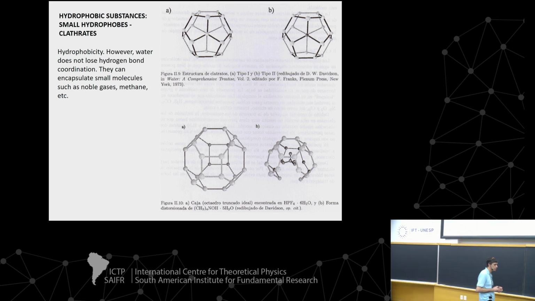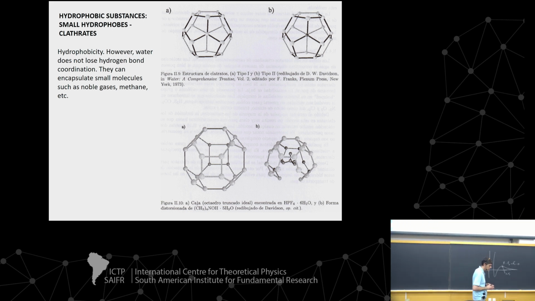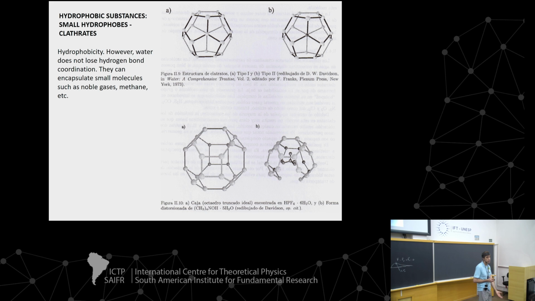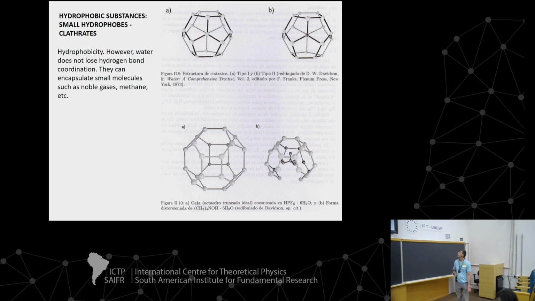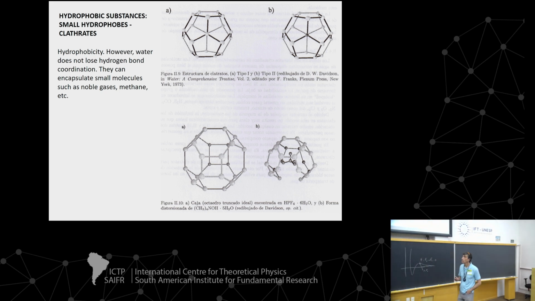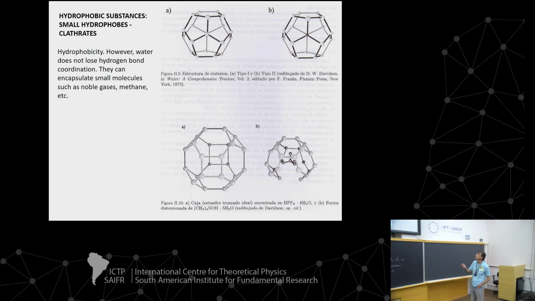for this molecule. This is, for example, one of the ways in which methane is expected to be at the bottom of the oceans. Water does not form good interactions with the molecule, so what it is going to try to do is sacrifice as little interaction as possible, and this can be done here without any sacrifice.